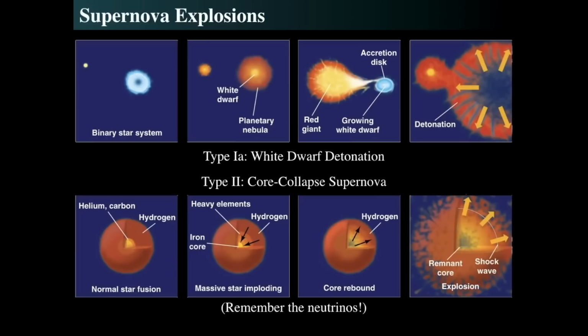In fact, more than 99% of all the energy of a core collapse supernova comes out as neutrinos. Whereas with a white dwarf, it's almost all in the light and the kinetic energy. So there's not as much neutrino impact because of how fast it occurs and what the nuclear fusion is that's occurring. It's happening all inside the entire white dwarf at once.